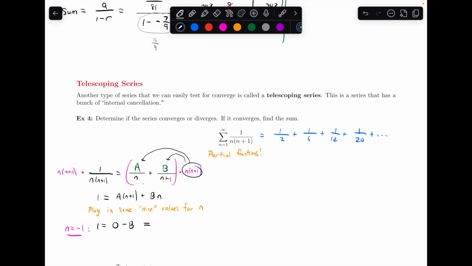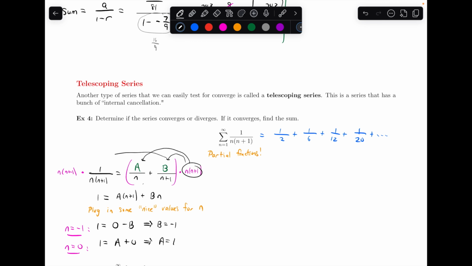So that means b equals -1. What's another nice value? If I plug in 0, this part becomes 0, so that one's also good. Generally, you want to pick values for n that make some of the factors 0. If I plug in 0, I get 1 equals a, plus 0. That means a is just 1. So I got a, and I got b.